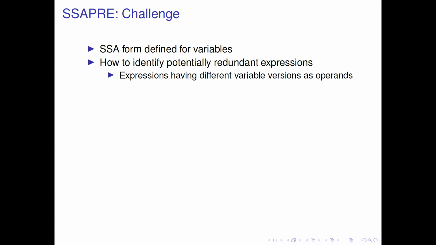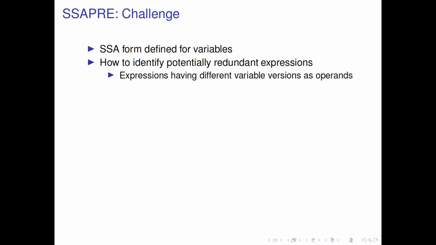Now how do you know whether this A plus B is redundant or not? It is redundant because A1 plus B2 is the last computation of A plus B, and A5 plus B3 is the last computation of A plus B. Phi is just a conceptual entity which is only moving A, B around, it's not actually changing A1 or A5. So this is also redundant. But how do you figure that out?